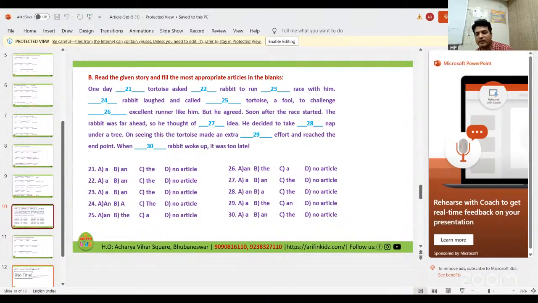Take 2 minutes, everyone, and try to solve this question. Read the passage and try to solve the five questions. If possible, send me the answers in the chat box.